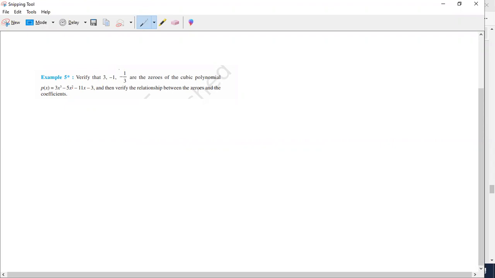How will we verify whether they are zeros or not? How can you check whether the given number is a zero or not? Suppose 3, minus 1, and minus 1 by 3. Substitute 3, you have to get 0. Then only it is a zero of the polynomial. Substitute minus 1, substitute minus 1 by 3. If it is satisfied, these are the alpha, beta, gamma of the polynomial.